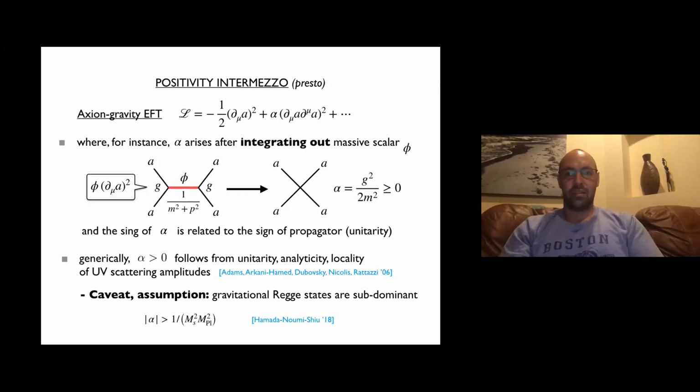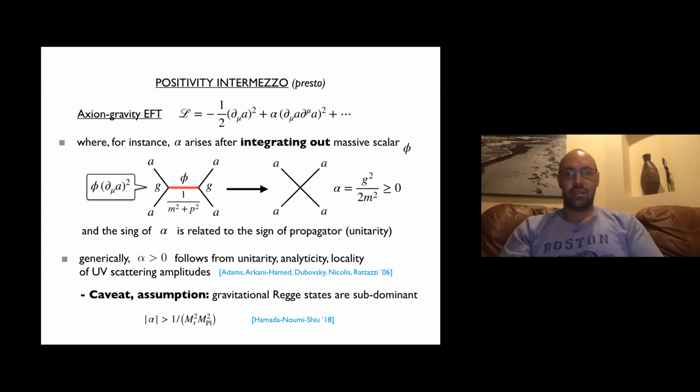So you get this Feynman diagram, and when you go to the infrared low energies, you create this four-point axion vertex, and you can show that alpha there must be positive, and the sign of alpha is related to the sign of the propagator by unitarity, basically.